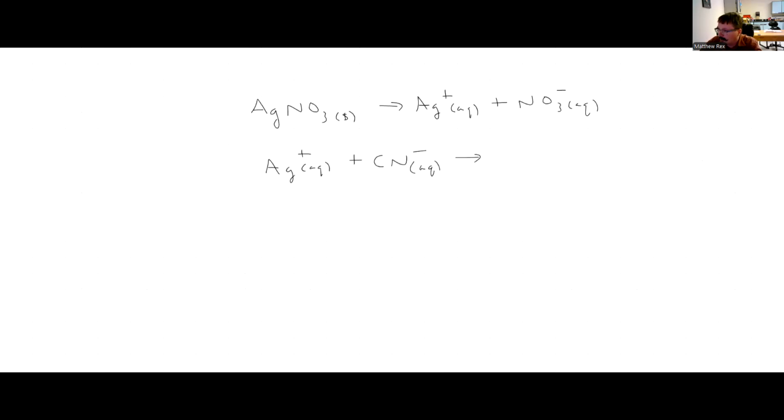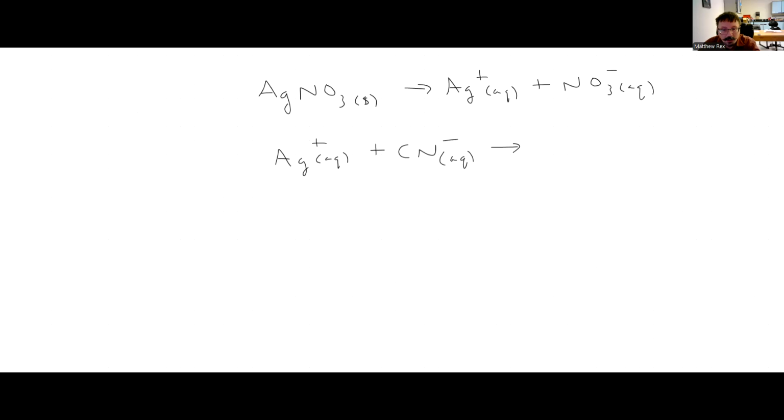And if we go to the last page, for the table of all the constants at the end of the exam, we'll see that it forms a complex with cyanide that looks like that. And the K sub F for that is 1 times 10 to the 21. So pretty large there.